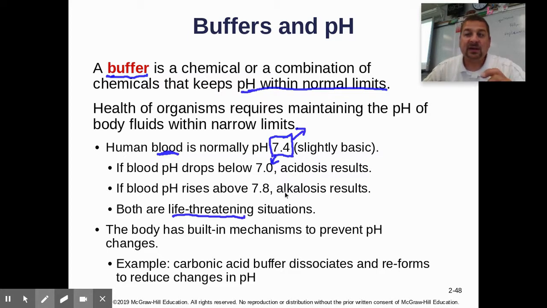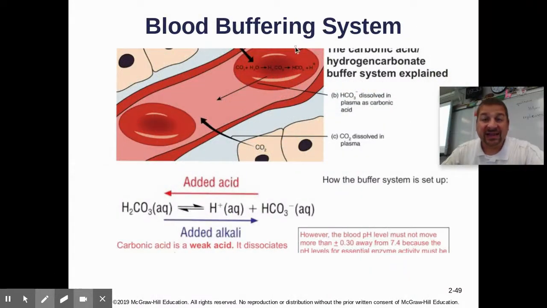There is a buffer system built into our blood with carbonic acid that helps buffer that pH, whether there's more acids or bases that might get into our system. On the last slide here is that blood buffering system, and here's the carbonic acid right here.